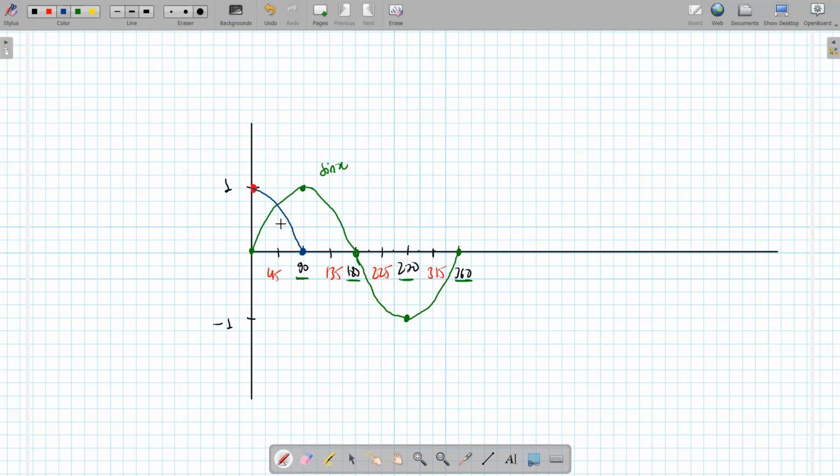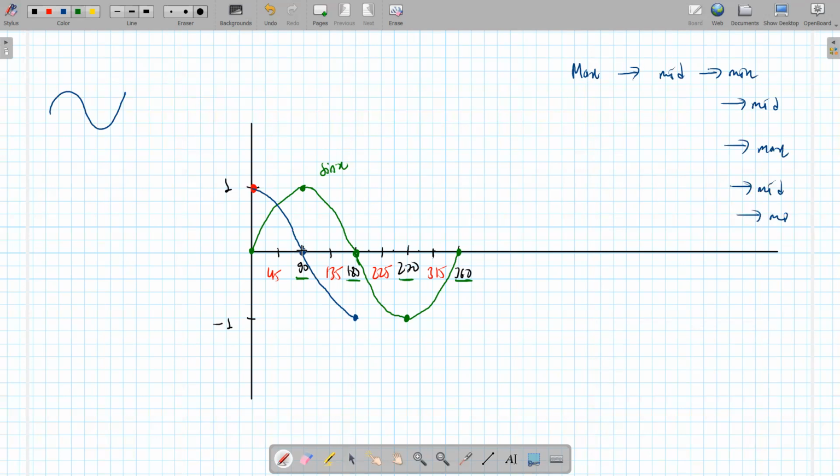So you need to follow the trend, right? It's always going to be this. From here, it's going to go down. So at 180, it's going to come down here. So now we're at the minimum, okay? It always works like this. It always goes from max to the middle, to the minimum, to the middle, to the max, and the cycle continues, to the middle, to the minimum, infinitely.